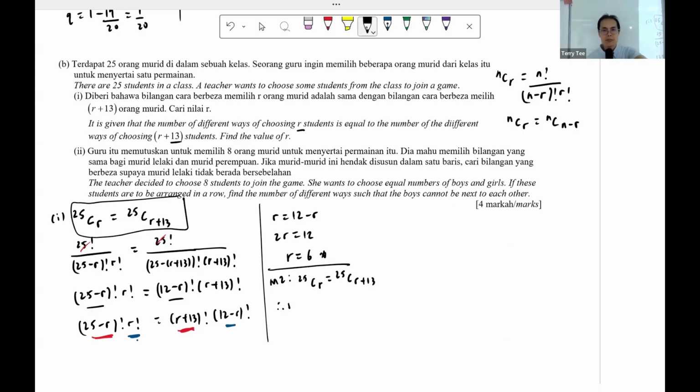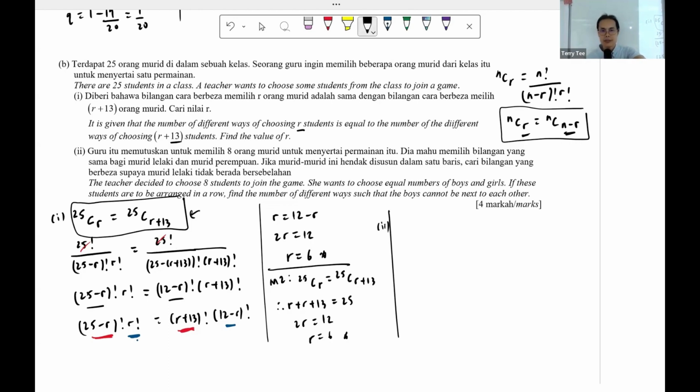Therefore, your r plus 13 must be 25. Your total added together must be 25. These two added together must be n, right? So 2r is now 12, r is 6. So you don't need to do so long. Yeah, this method is quite confusing, but this is for those who cannot remember this relation. If you know this relation, use this straight away. Method 2 is a lot faster.